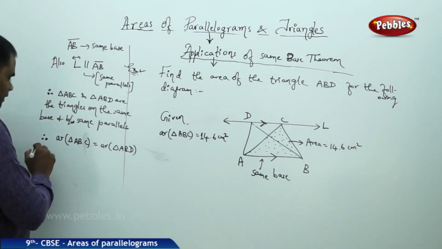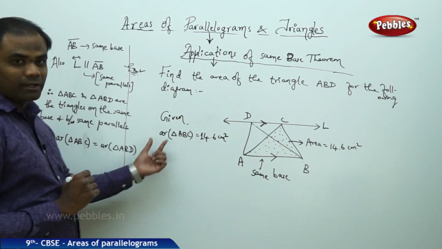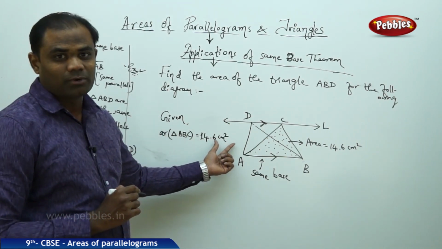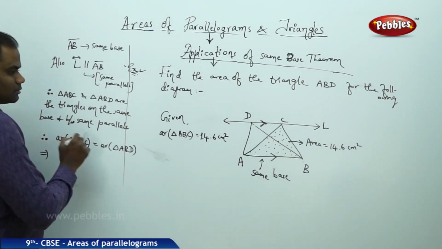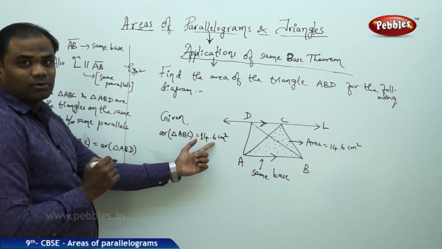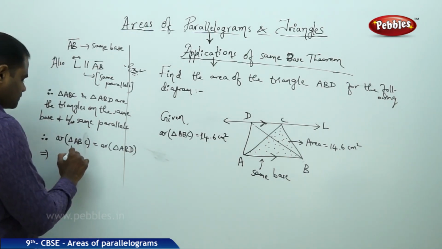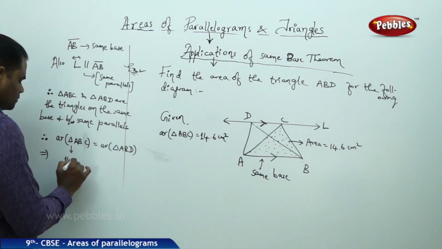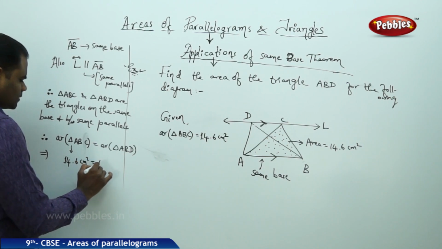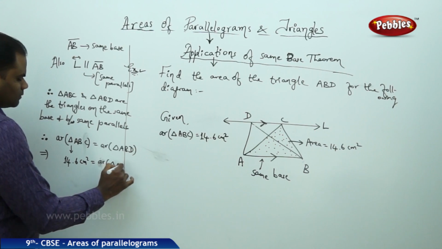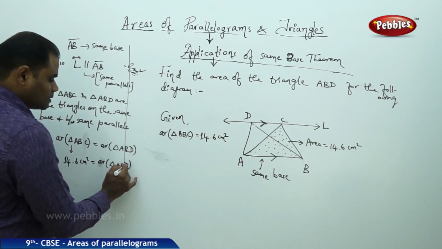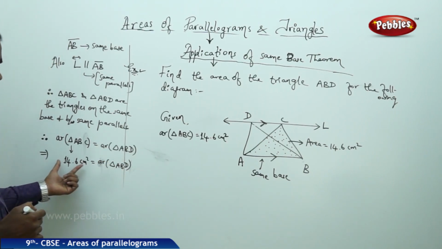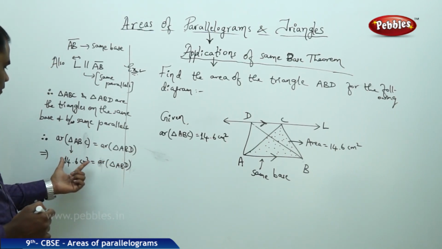The area of triangle ABC is 14.6 centimeters square, so I substitute that, which indirectly states that the area of triangle ABD is 14.6 centimeters square.